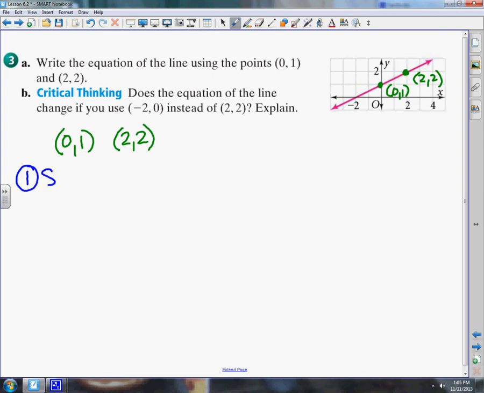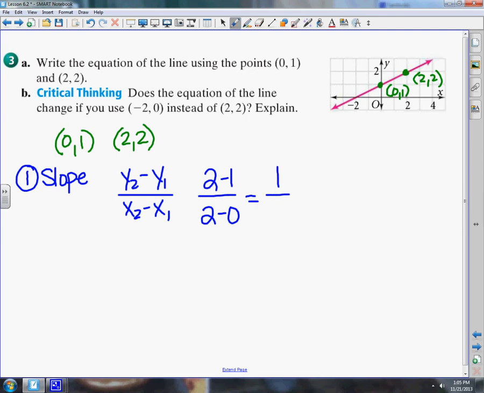Step 1, find the slope: y2 minus y1 over x2 minus x1. So y2 is 2 minus 1 over 2 minus 0. 2 minus 1 is 1. 2 minus 0 is 2. So the slope is 1/2.